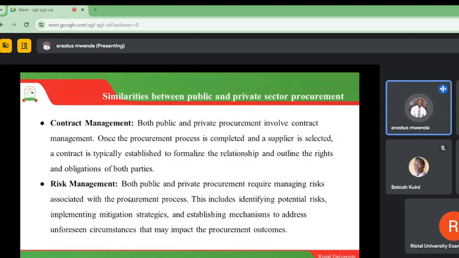And then the other one is in regards to risk management. We are saying both public and private procurement require managing risks associated with procurement processes. So this is going to include identifying potential risks, implementing mitigating strategies, and also establishing mechanisms to address unforeseen circumstances.